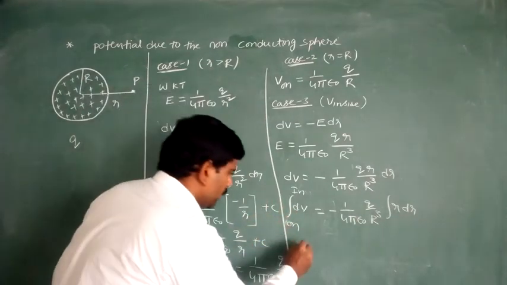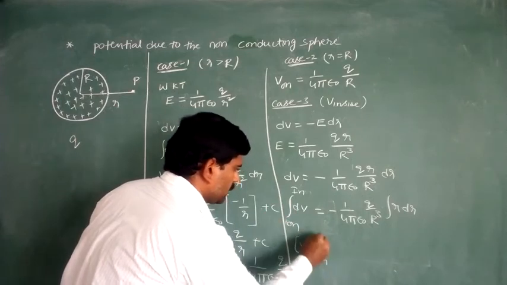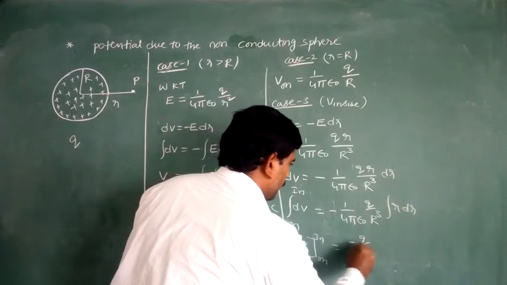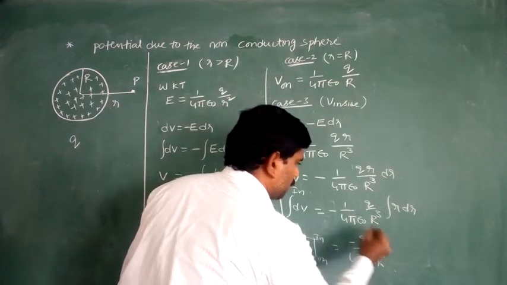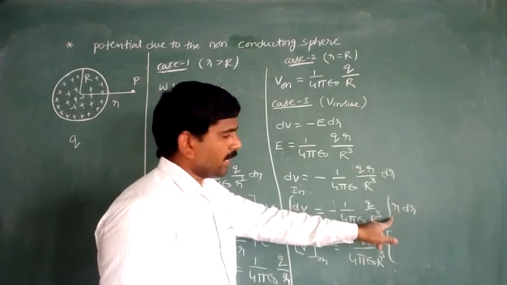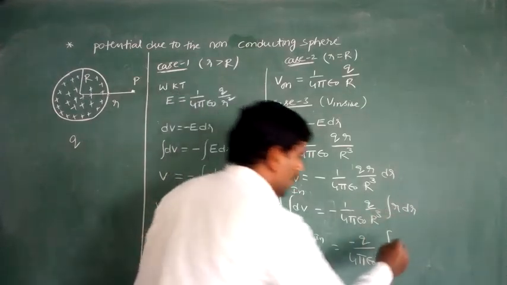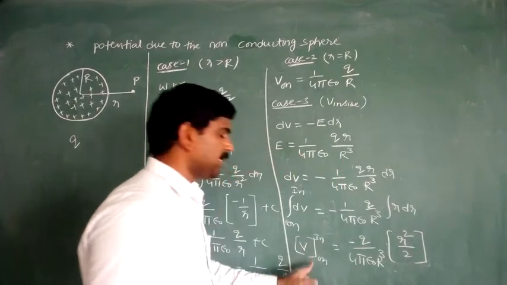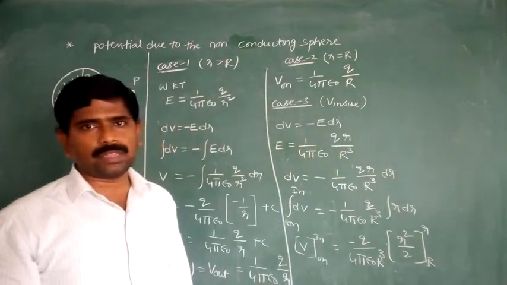So integral of dV, that is the V on surface and inside, is equal to minus q by 4 pi epsilon naught R cube into the integral of x dx, which is x square by 2, here also r square by 2, from the limits capital R to the inside distance, small r.